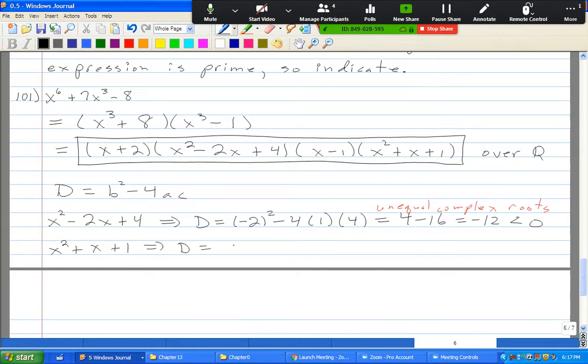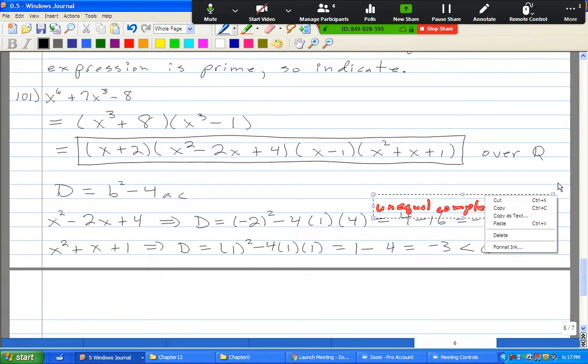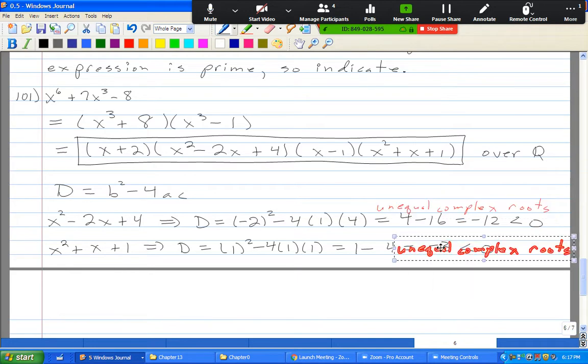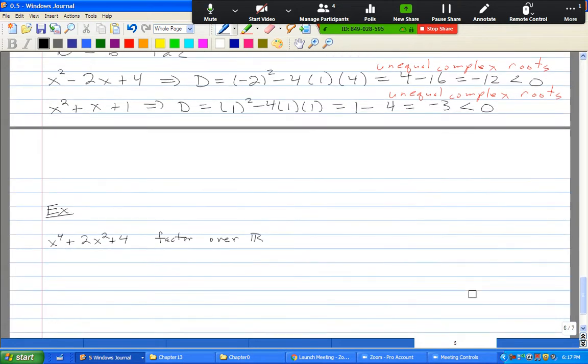My discriminant is b squared minus 4ac, 1 minus 4, negative 3. This is also less than 0. So same, we have unequal complex roots. So it doesn't factor over the reals. Okay. So this is completely factored.